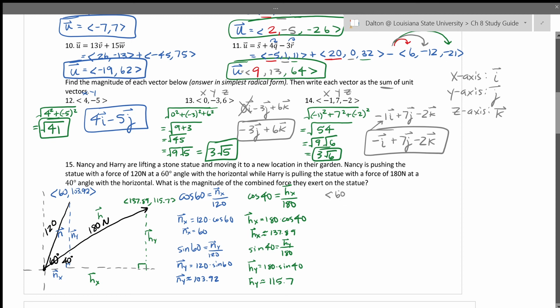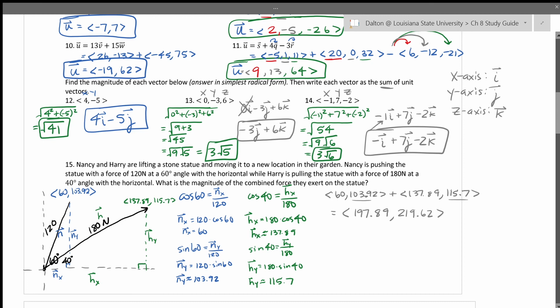Nancy's is 60, 103.92, plus Harry's vector 137.89, 115.7. If I add their two forces together, then 60 plus 137.89 is going to be 197.89. And then 103.92 plus 115.7, their y's, are going to be 219.62. Still not the answer.